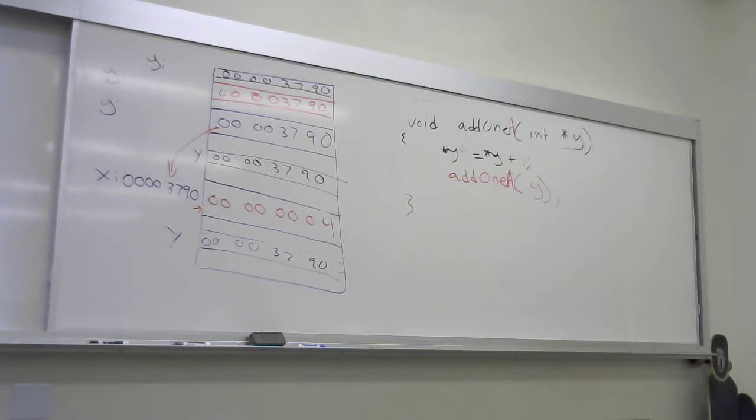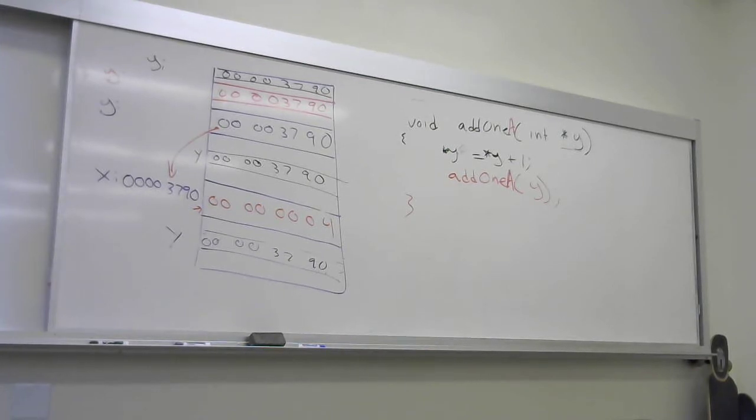C gives you the ability explicitly to share. Some languages, like Java, do not. Have you seen a pointer in Java? No. But Java does actually give pointers. And the trick is, Java has two different types of data. What are the two different types of data that Java has?